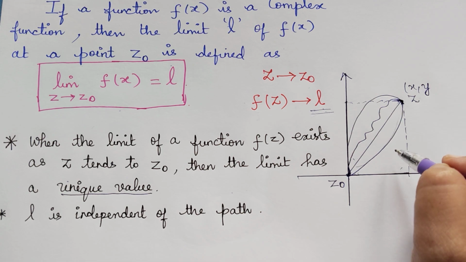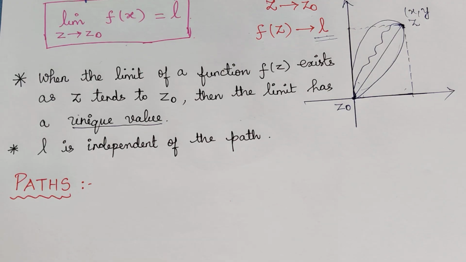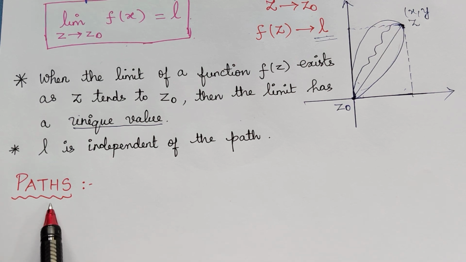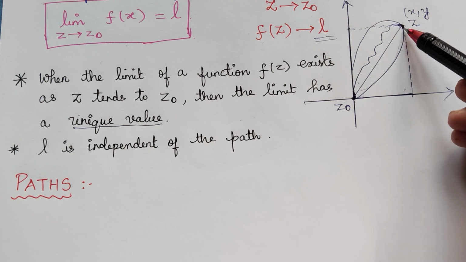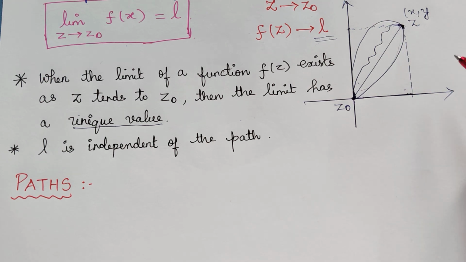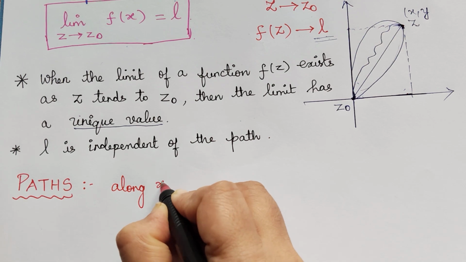Now using this concept, we will solve some important problems. Now before diving into the problems, let's understand the concept of paths also. Now I told you we can reach the point z0 from z along the x-axis.